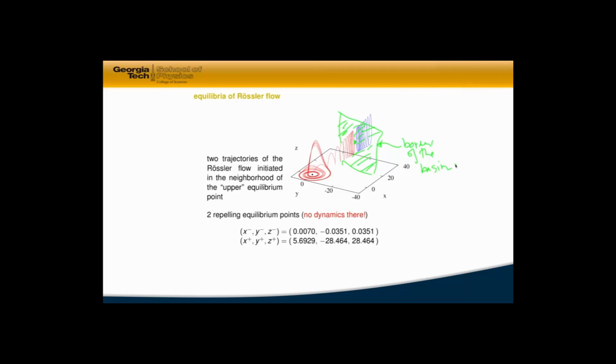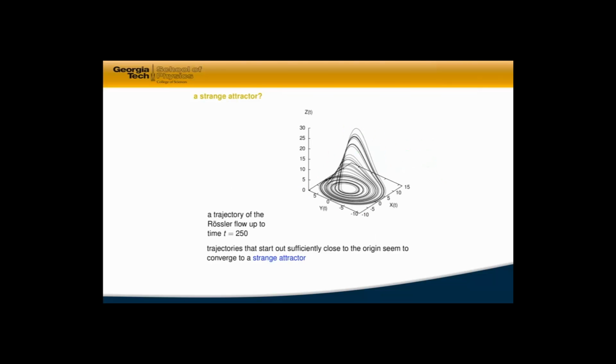So in this very trivial example, you see already intuitively that equilibria might play 2 important roles. One is that it shapes the flow, and the other is that it separates the things that belong to an attractor from things that run away. And this seems to be an example of what I told you was called a strange attractor.